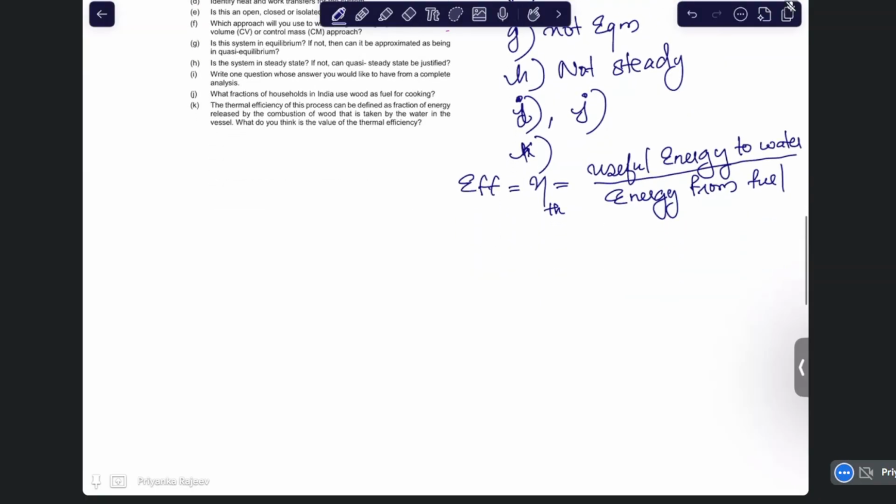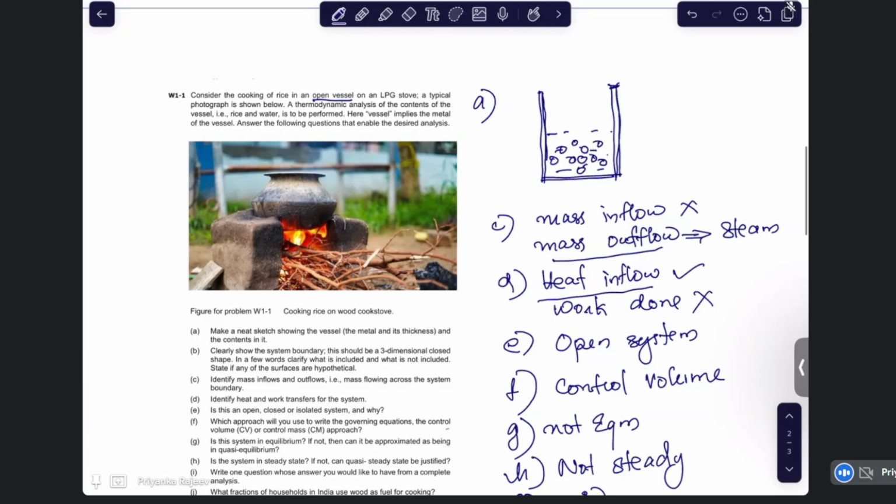So we can say that energy from fuel, when it is getting combusted, dissipates into the surrounding. The stone will be getting heated, the surrounding air will be getting heated. So this heat is getting dissipated everywhere, and only a part of heat will be going to the vessel.